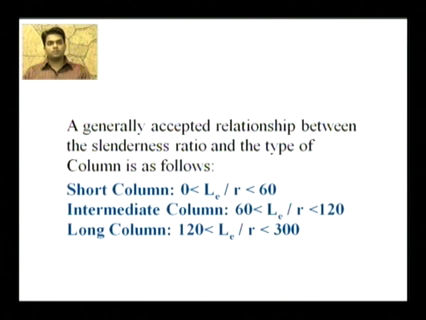If the slenderness ratio is between 120 and 300, then the column will be said to be a long column.